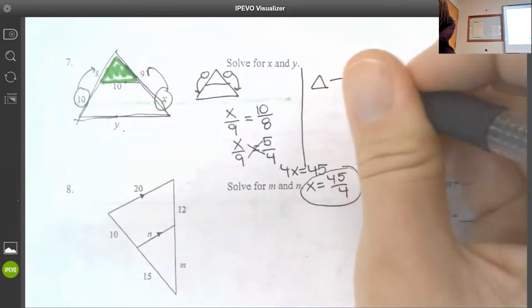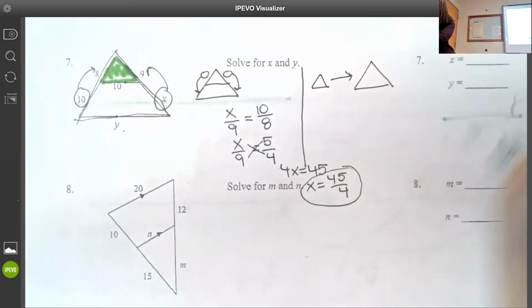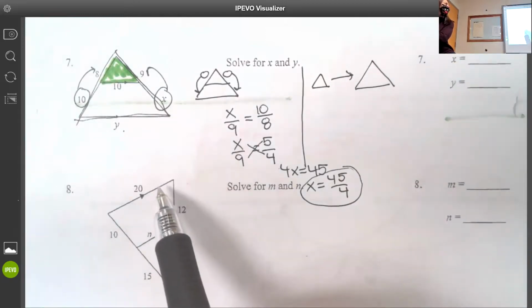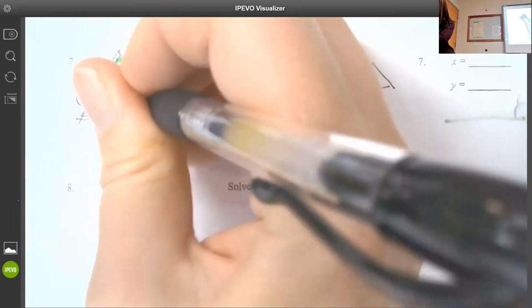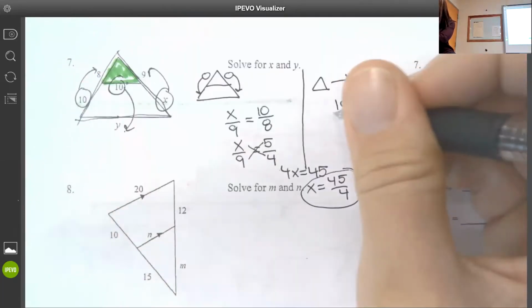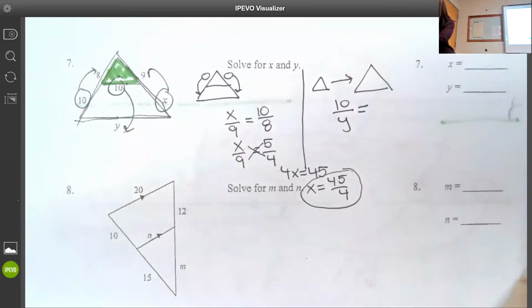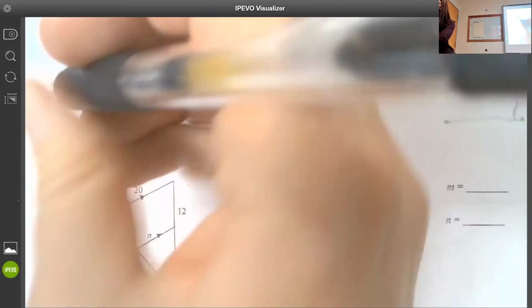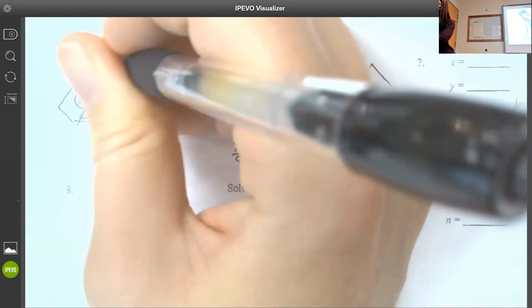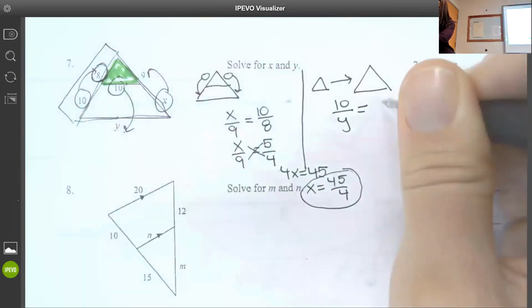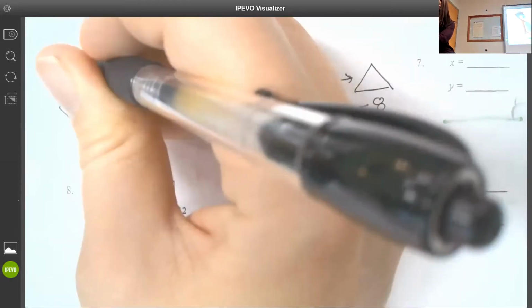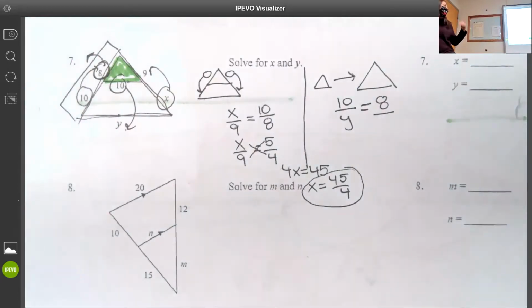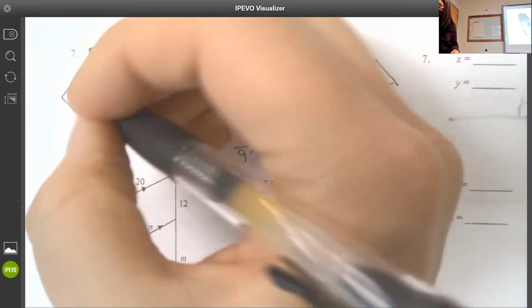I need to go small triangle, big triangle, to solve for y, where I say 10 to y equals, what I could use is this side of my triangle, 8, to what? What would the outer length be of the big triangle? 8 to 18. Yep, adding these together.